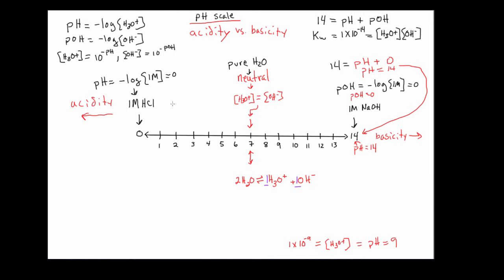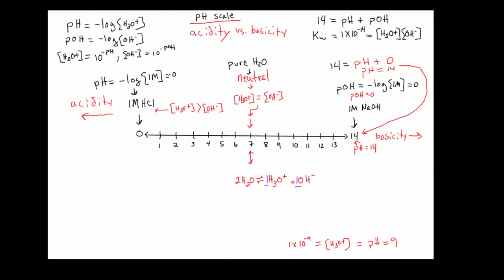So in this zone in here, H3O plus is greater than OH minus, and it's increasing going from right to left towards 0, from 7 towards 0.